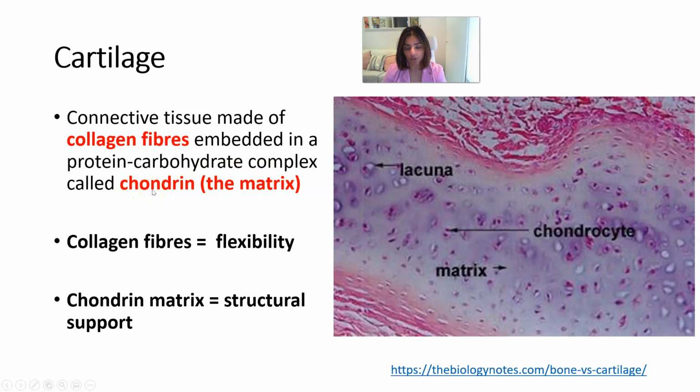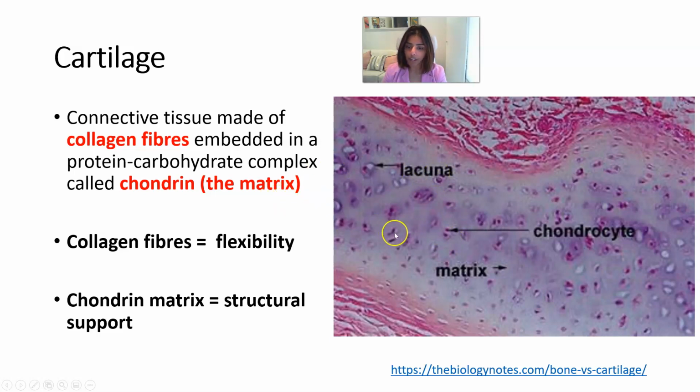So the matrix is chondrin, and that's that pale lilac-y purple stuff you see in the background here. And you have collagen fibres, chondrocytes, similar to osteocytes, but these ones are referring to cartilage, and they sit in their little space, the lacuna.